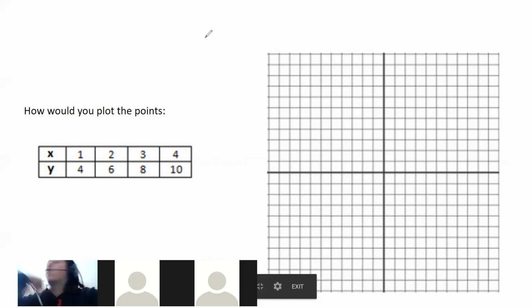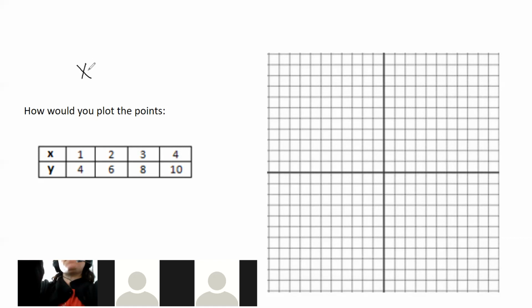Who remembers where the x-axis is? Where's the x-axis on this coordinate grid? Who can write it right on the screen for me? X-axis, excuse me. So I want to label. Good.